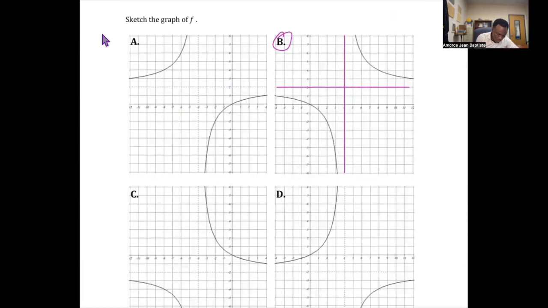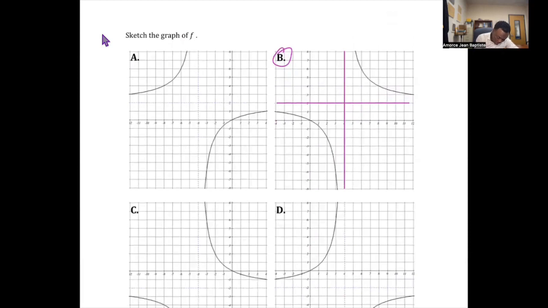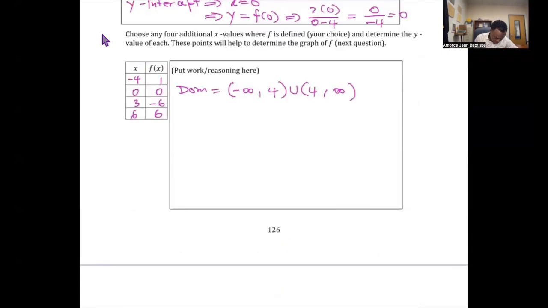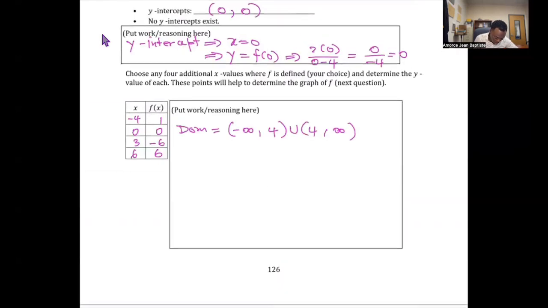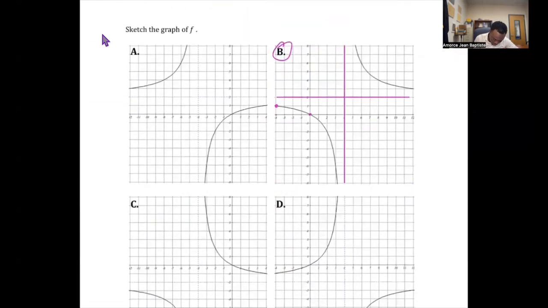That is this. Then 0, 0. That fits. 3, -6, x equals 3, y equals -6 also fits.